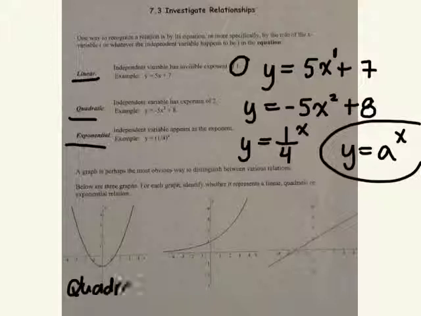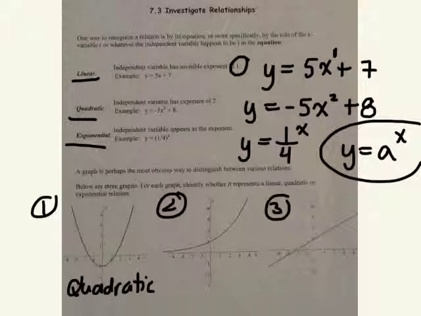You just learned about quadratic relations. Graph 3, we know this is what? Linear, okay? And in an exponential relationship, the graph is either increasing or decreasing, okay?